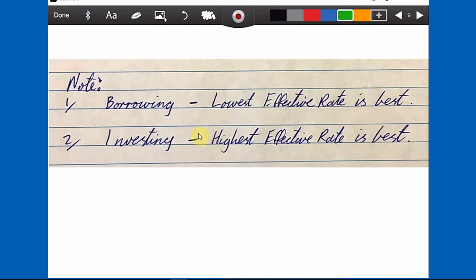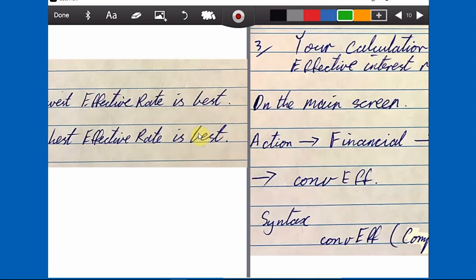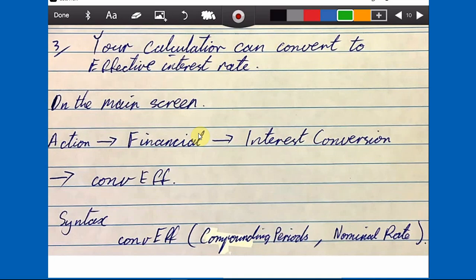All right, now the next thing to note is that your calculator can do this effective interest rate thing for you. So the calculator can convert effective interest rate. On your main screen: action, financial, interest conversion, convert to effective, and then there's a syntax that you've got to put.